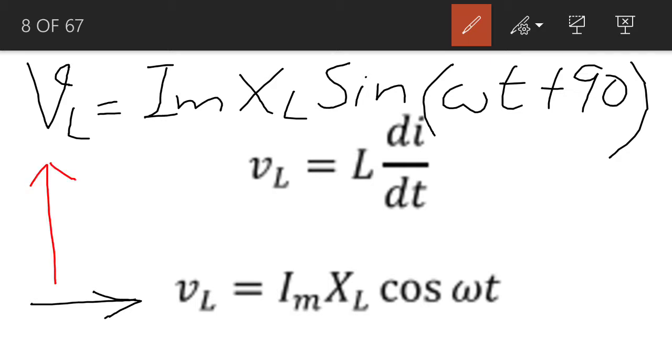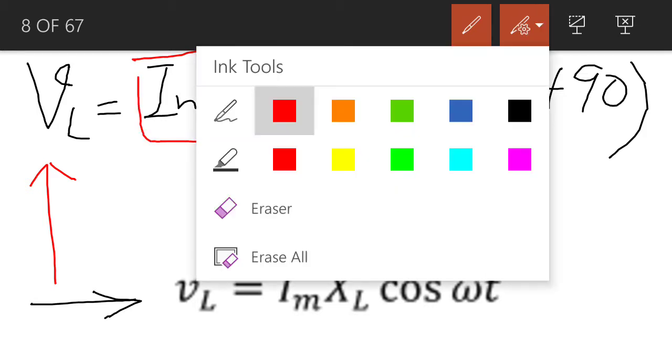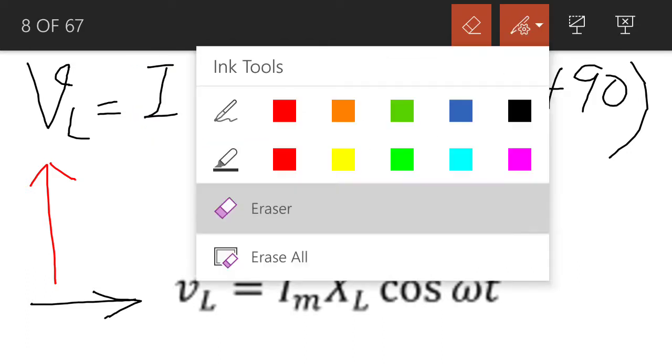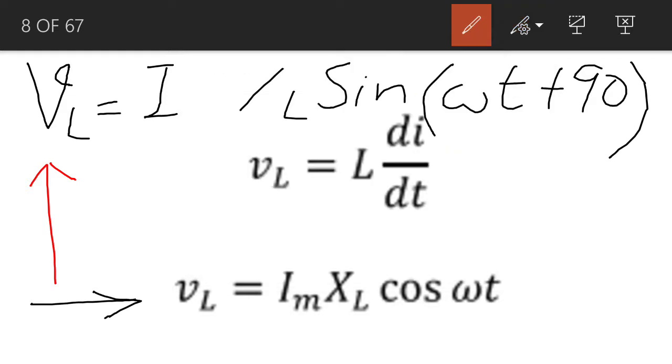So this is an AC voltage across the inductor, and this AC voltage has a proper maximum value. Let me write down the maximum value of this voltage once again.